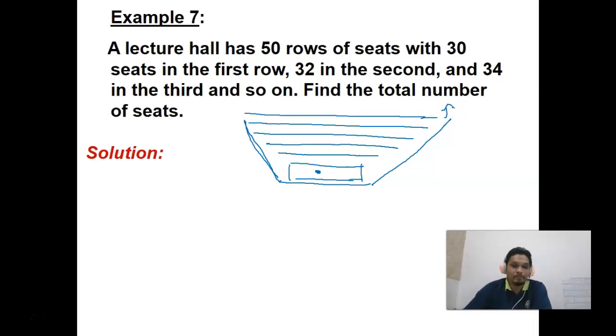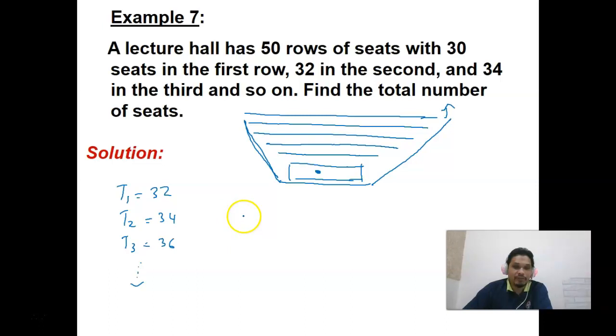So now T1 equals 30, T2 equals 32, T3 equals 34, and so on, which I think is not geometric, this is an arithmetic sequence. Good. So then find the total number of seats.